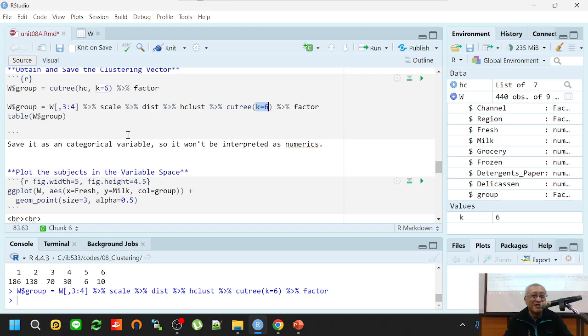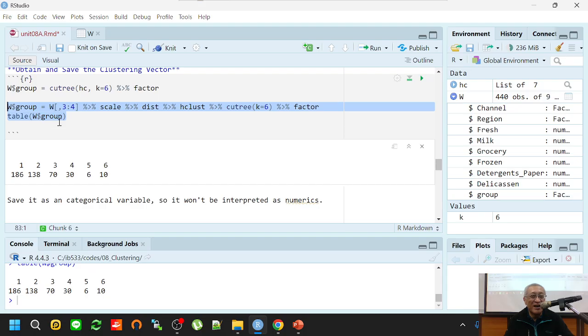And then in R, you just use these 2 lines of code, and you can actually divide the groups.